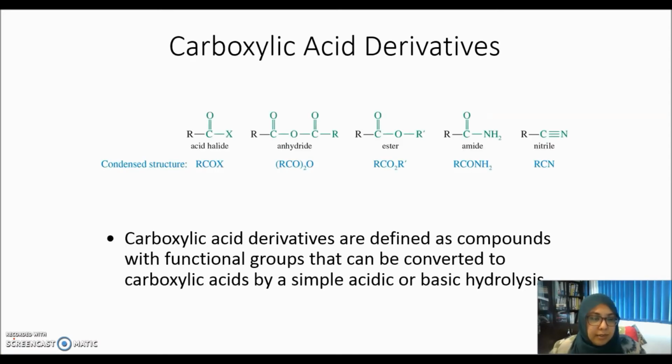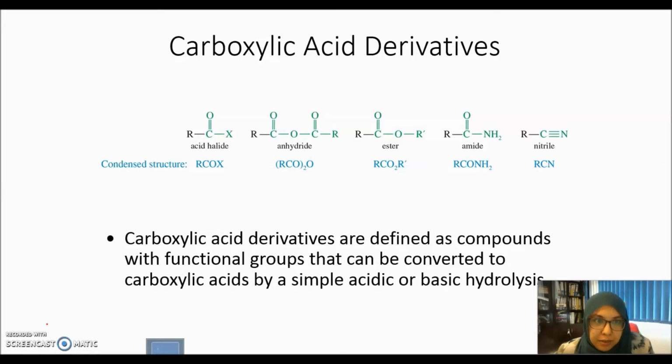Now, carboxylic acid derivatives. These are the carboxylic acid derivatives. We have acid chloride or acid halide, typically acid chloride. We have anhydride, a strange looking thing with a carbonyl and oxygen in the middle, ester, amide, and nitrile. Now, among all these functional groups, you probably are familiar with carboxylic acid and ester only, and most of these are new to you.